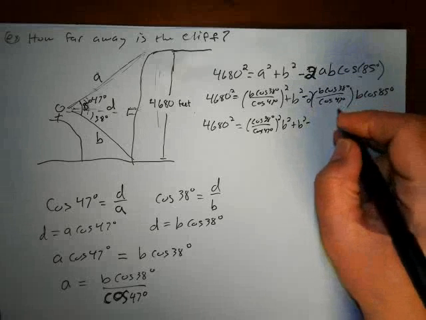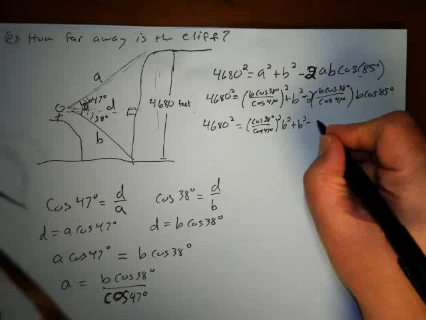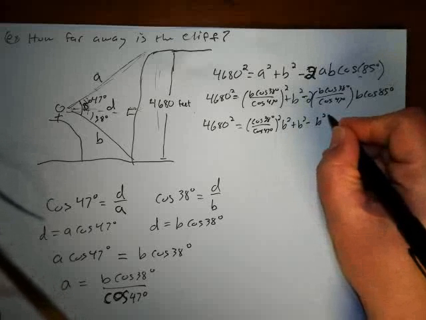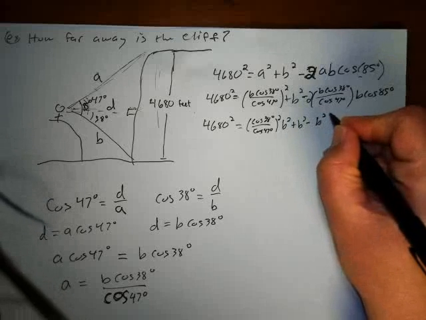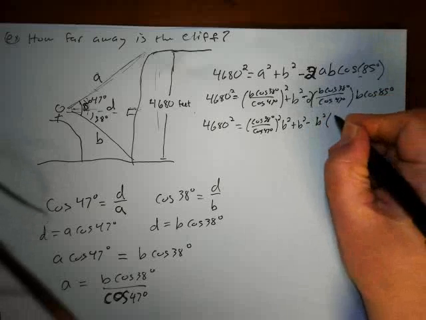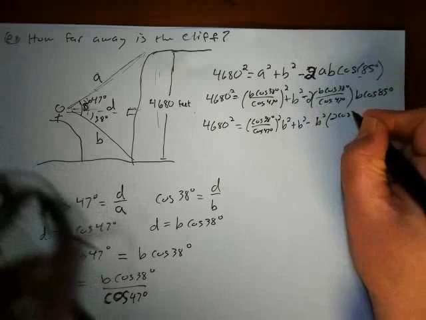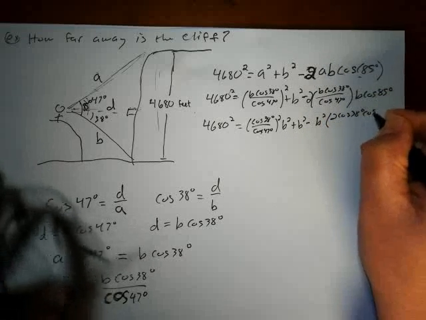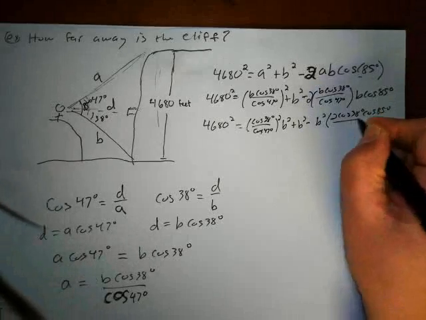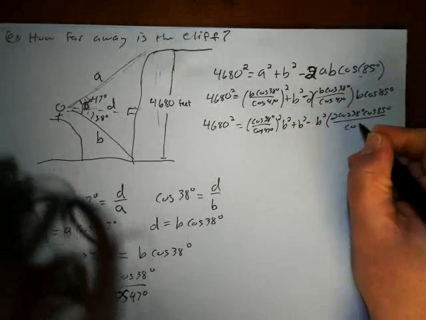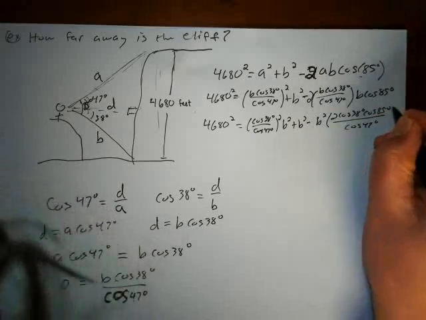And then I'm going to bring this with all of those, so I would get like a b squared times, and then this would be like 2 cosine of 38 degrees cosine 85 degrees over cosine of 47 degrees.